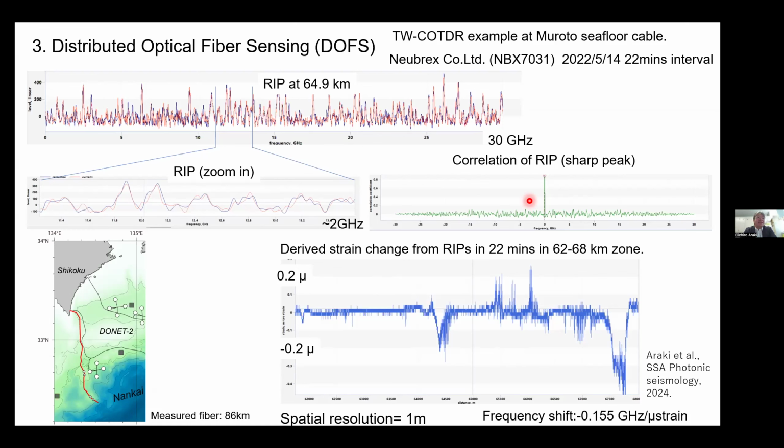The frequency shift of the RIP is directly related to strain change between measurements, as shown by the panel here, showing a consistent variety of strain change occurring in the seafloor, up to 0.2 microstrain in this example.